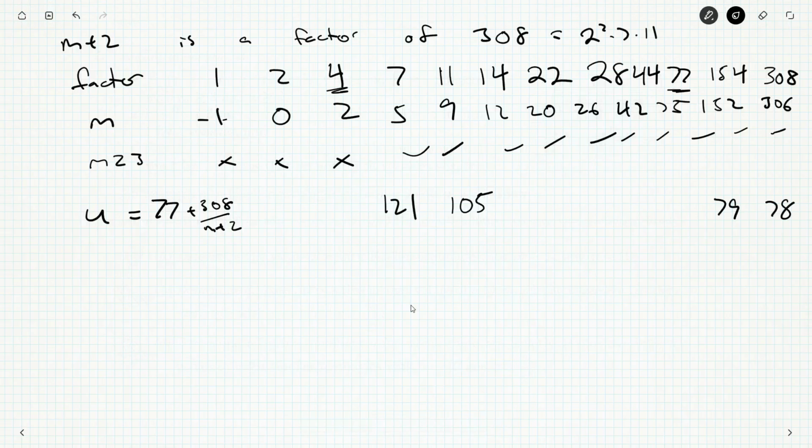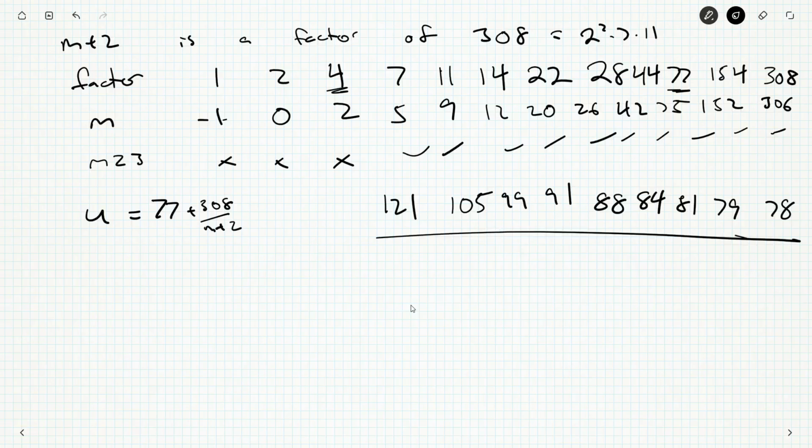So 77 plus 4, 81. 77 plus 7 is 84. 77 plus 11 is 88. 77 plus 22 is 99. 77 plus 14 is 91.